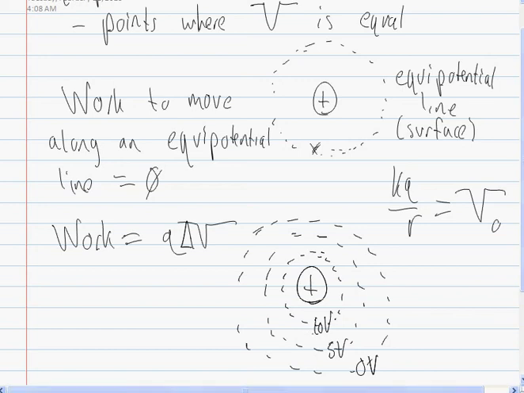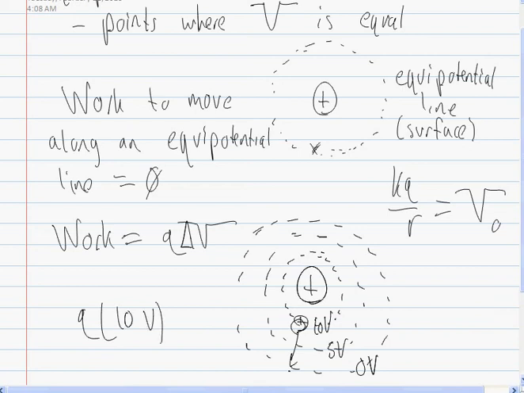So if I put a test charge here, it'll move this way. And the work that the field does to get from this point to this point over here is the amount of charge that it has, q times 10 volts.